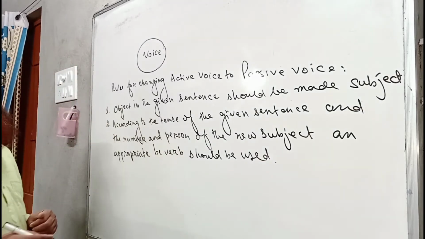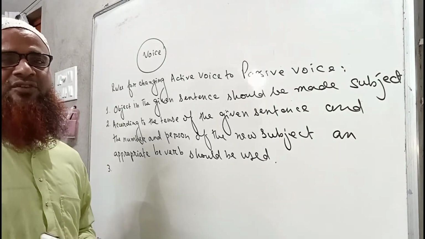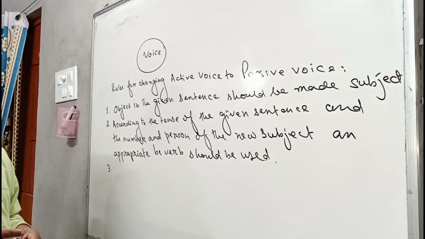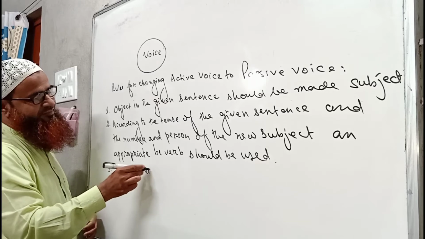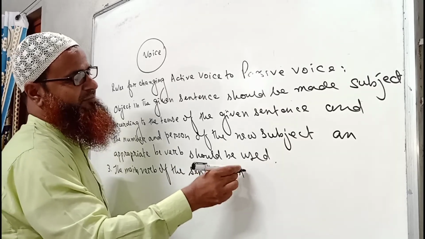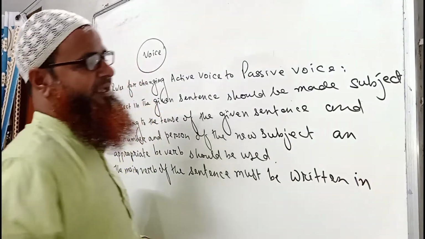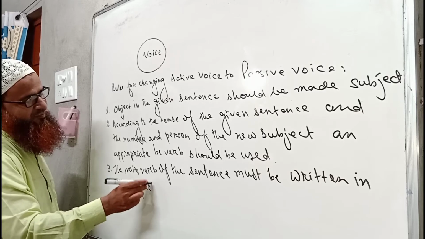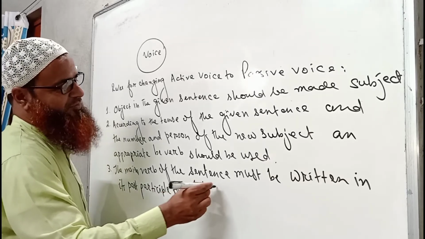Number three, after the verb, what should we do? It is the most important characteristic of passive voice that I have just mentioned: the main verb of the given sentence must be written in its past participle form, in its third form.